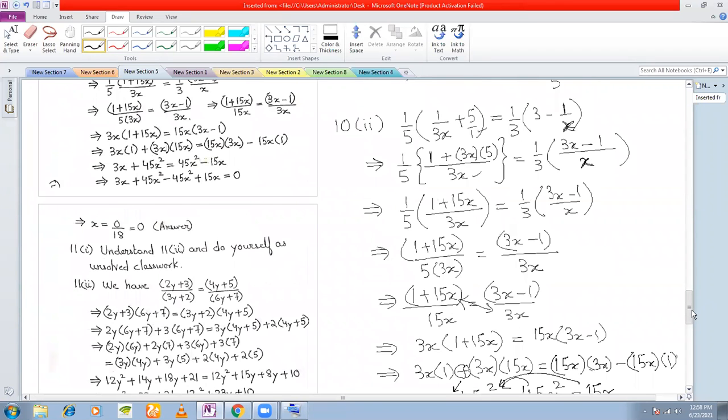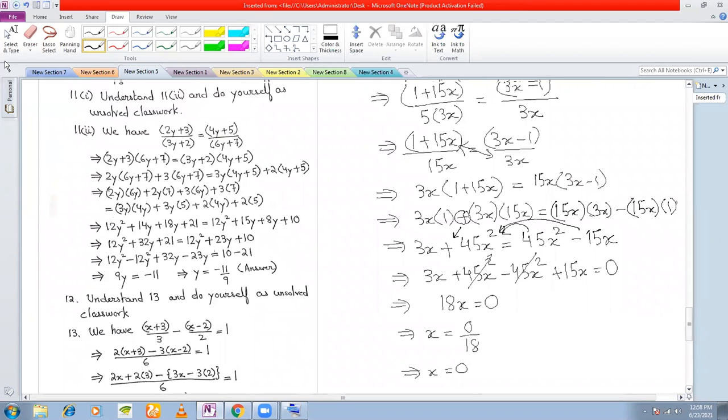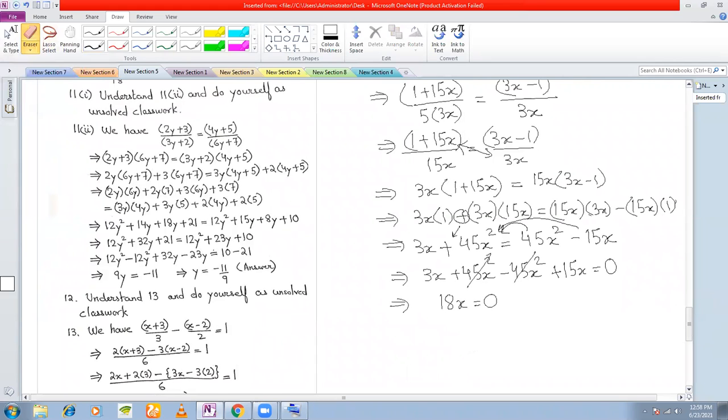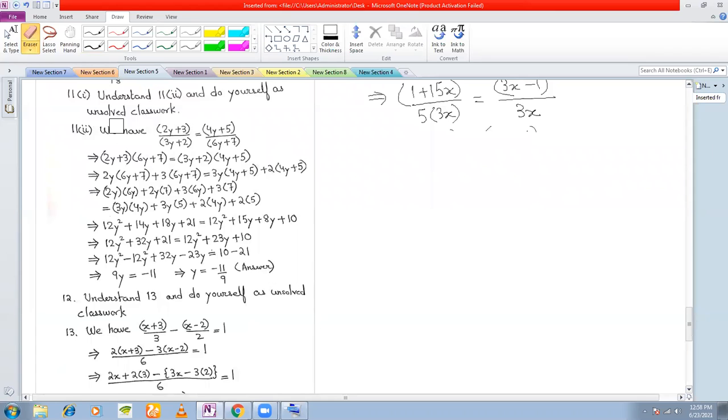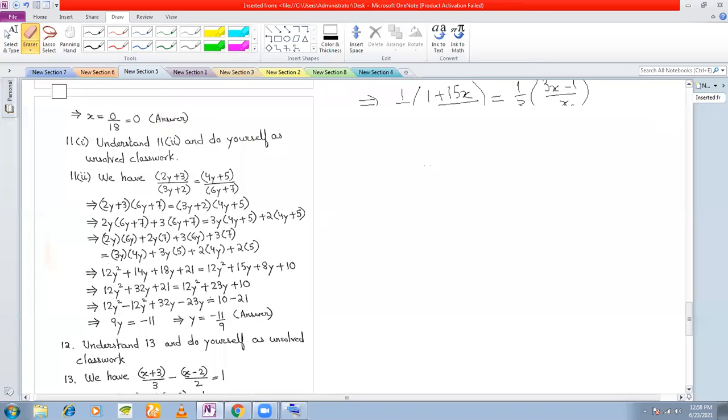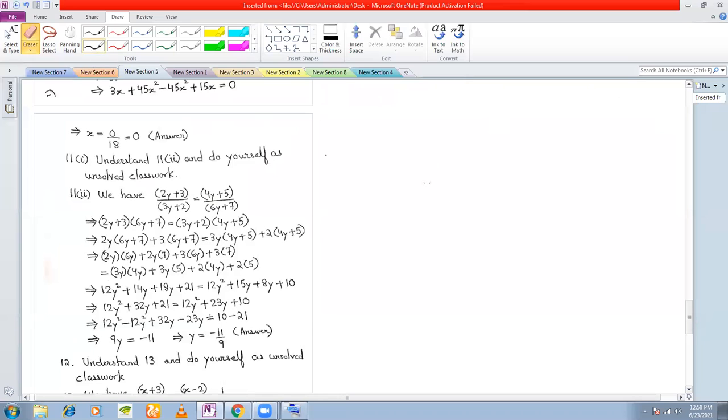Okay. Moving on to the next one, 11.2. Given equation is 2y plus 3 divided by 3y plus 2 is equal to 4y plus 5 divided by 6y plus 7.